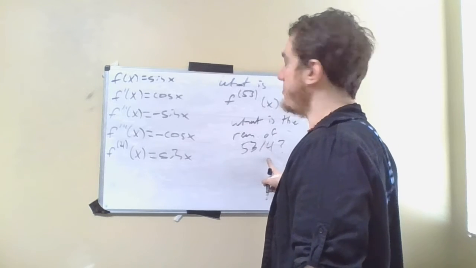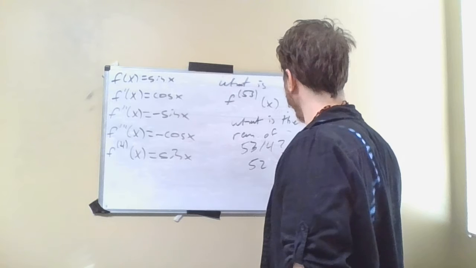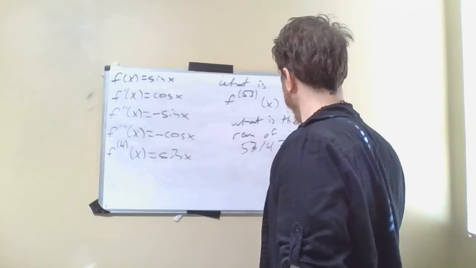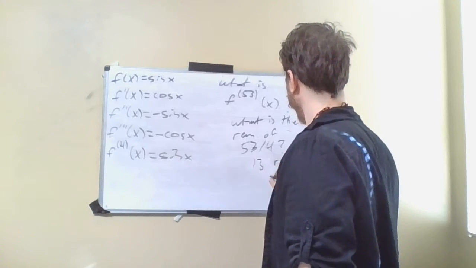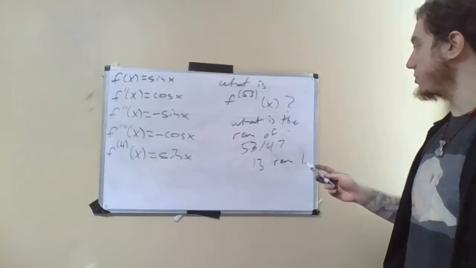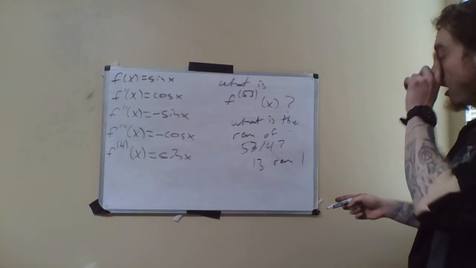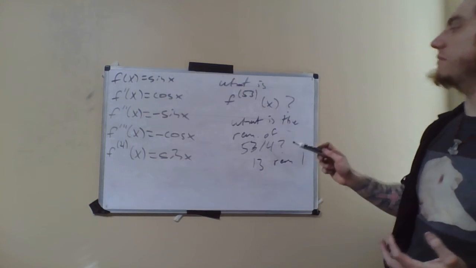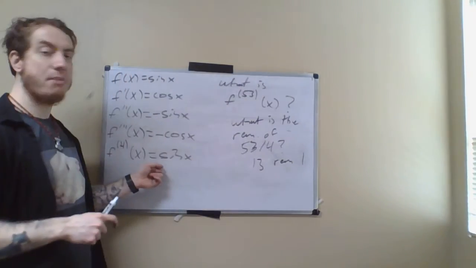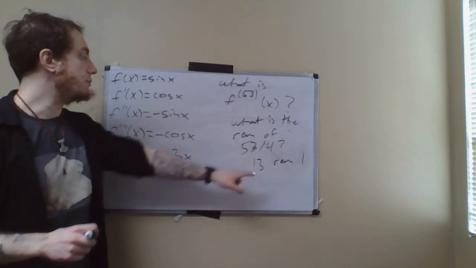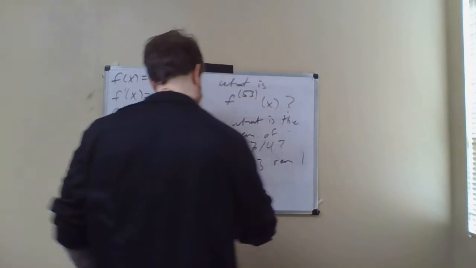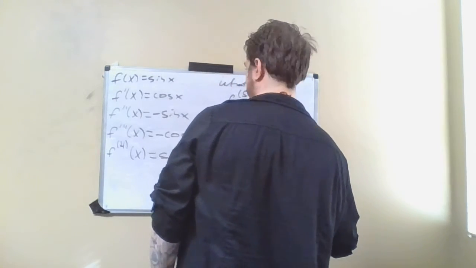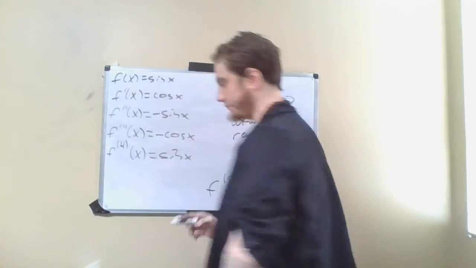Well, 53 divided by 4 is 13 with a remainder of 1. The important thing is that 52 is divisible by 4. So if you do 52 derivatives, or any number of derivatives that's divisible by 4, you will get back to where you started. If you do one more, you will get to cosine of x. So the 53rd derivative of sine x in this case is equal to cosine x.